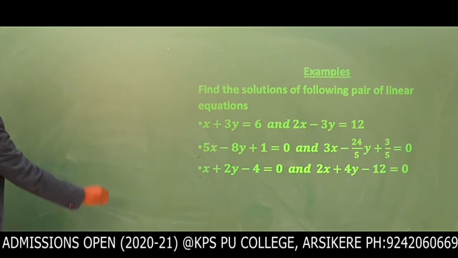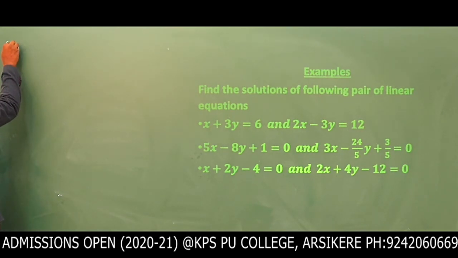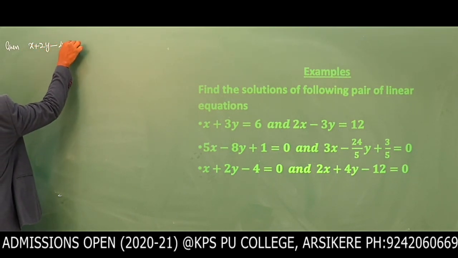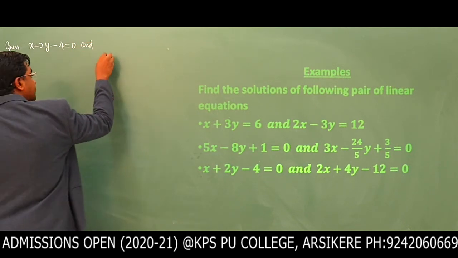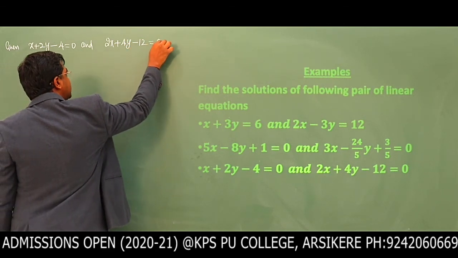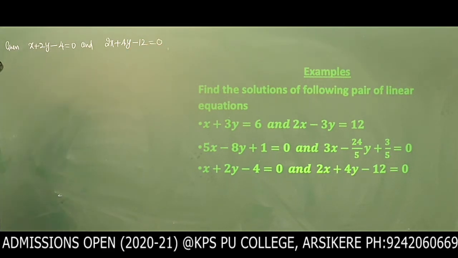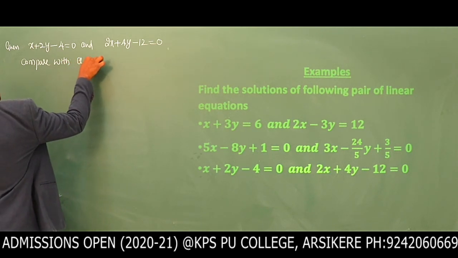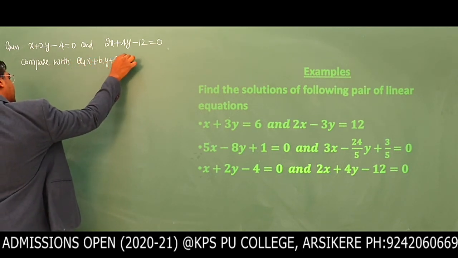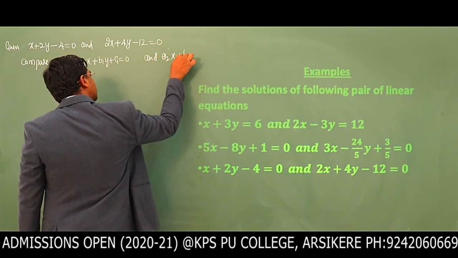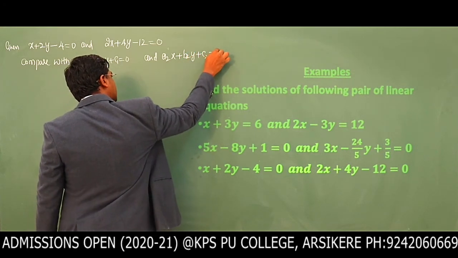Okay, now discuss here. Take the given equations. The equations here are x plus 2y minus 4 is equal to 0, and the second equation is 2x plus 4y minus 12 is equal to 0. So now let us compare with the general form a1x plus b1y plus c1 is equal to 0, and the second equation a2x plus b2y plus c2 is equal to 0.